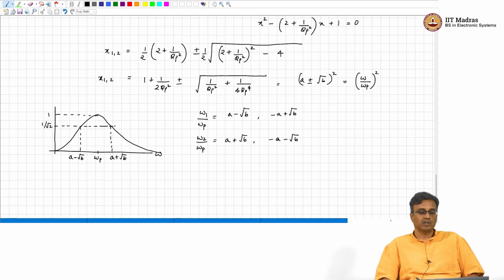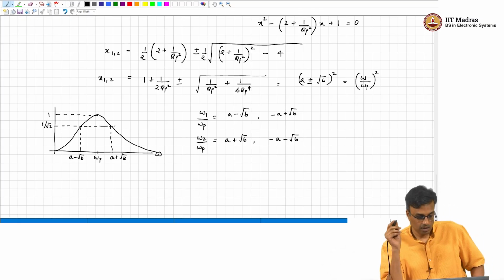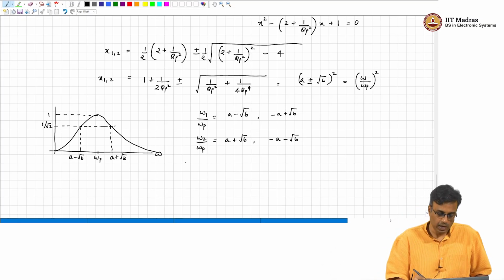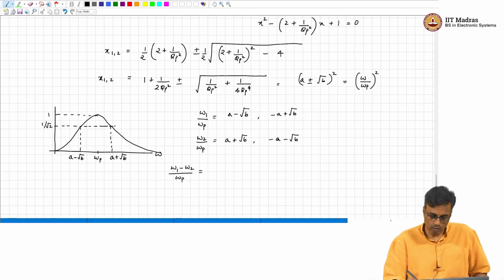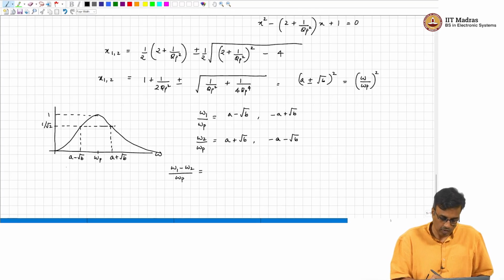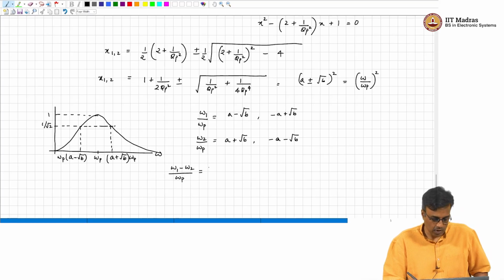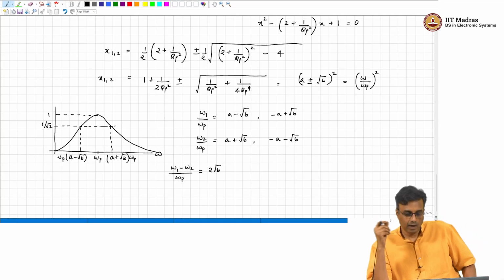So what is the 3 dB bandwidth? It is 2 root b. So omega 1 minus omega 2 over omega p must be equal to, sorry, this must be times omega p, must be 2 root b.